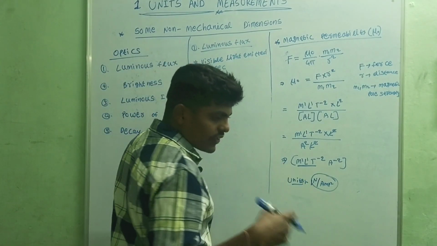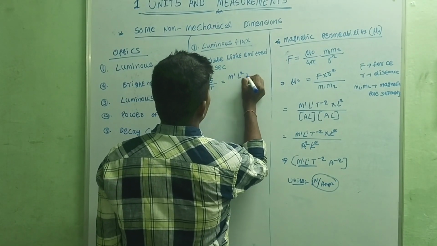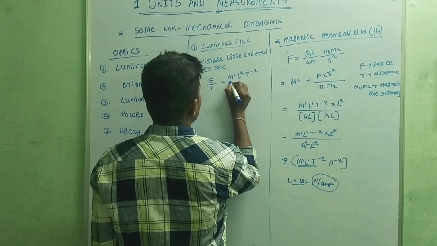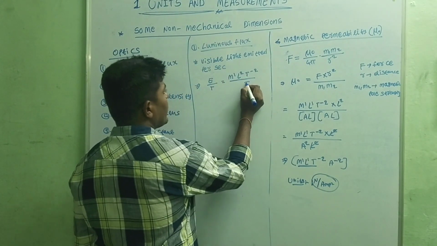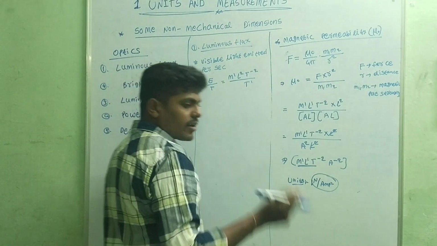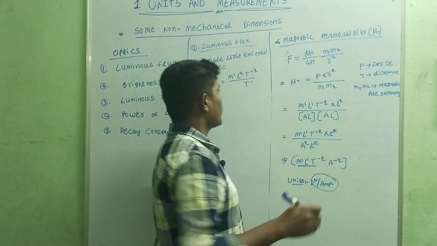Already we know the dimensions of energy is M1 L2 T minus 2 by T. Here the denominator T power 1 becomes minus 1 in the numerator.